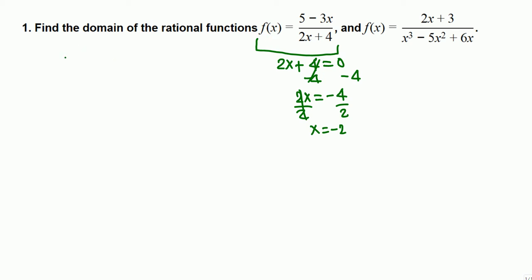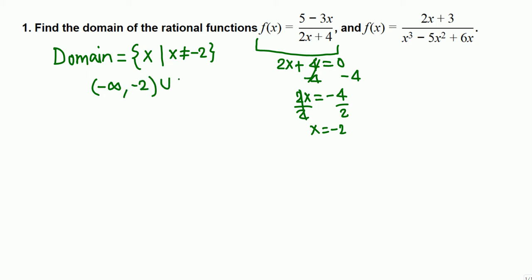So the domain for the first function will be all real numbers x such that x should not be equal to -2, because -2 makes the bottom 0. In interval notation, we write negative infinity through -2 union -2 to infinity.